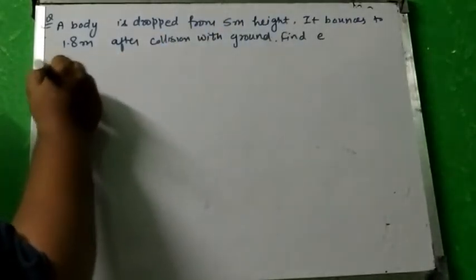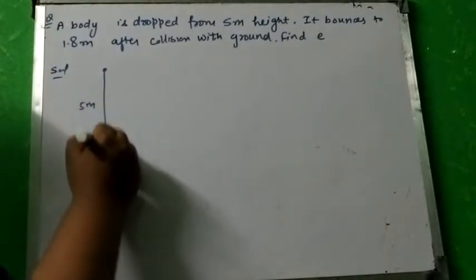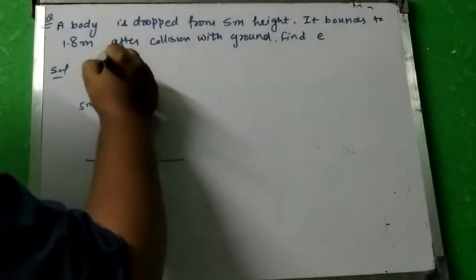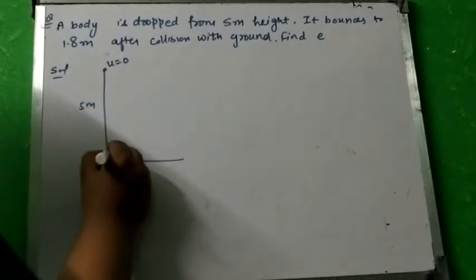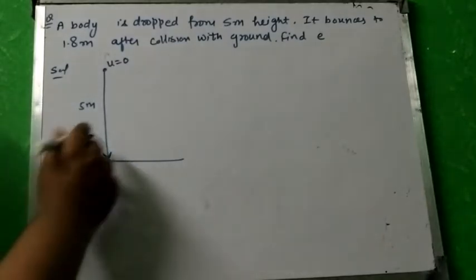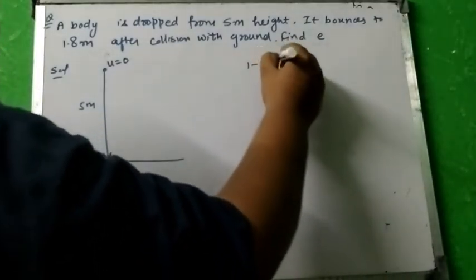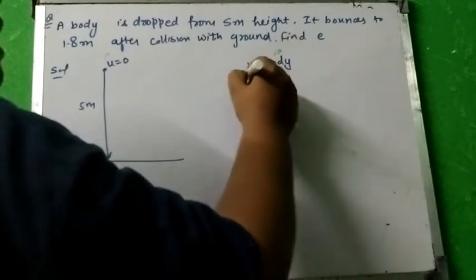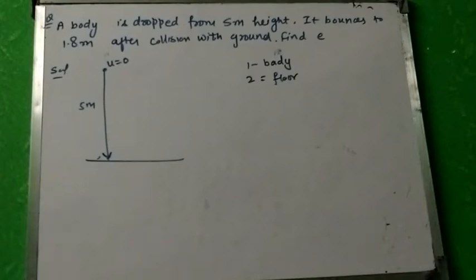Look children, the question is a ball is dropped from 5 meter height. Here the velocity of the ball will definitely be 0 because it is dropped. Just before the collision, I am assuming the first object to be the ball, or body, whatever it is, and the second object to be the floor. Whether the collision occurs or not, the floor will always be at rest.